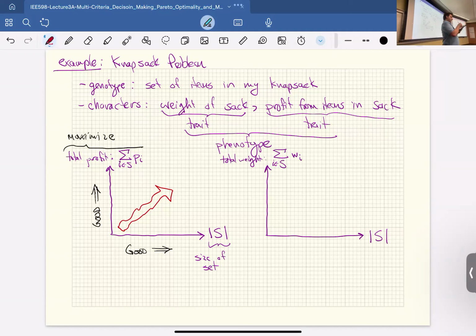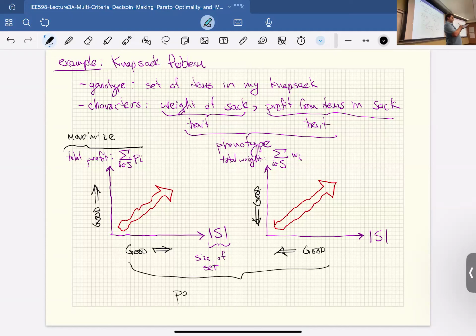And that too has the property that if I get more items, I get more weight. But here it's going to be good to move in this direction. So we have potential conflict between objectives.